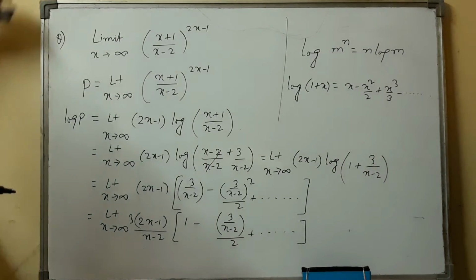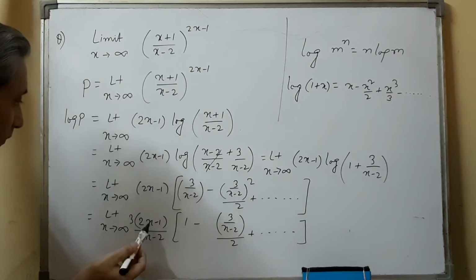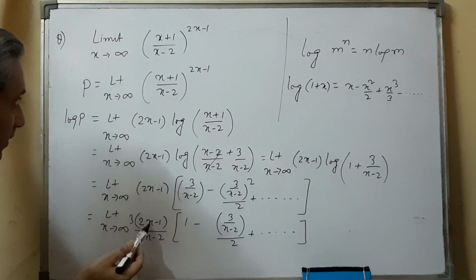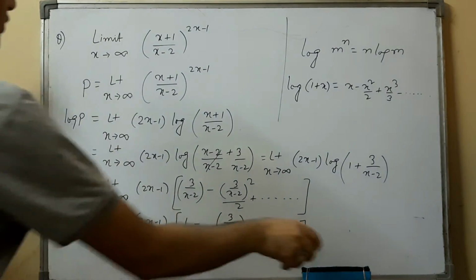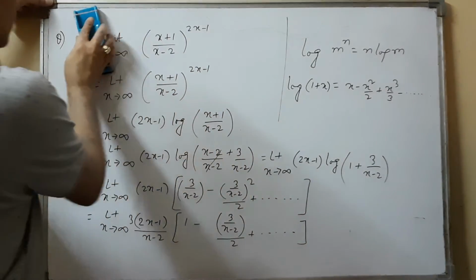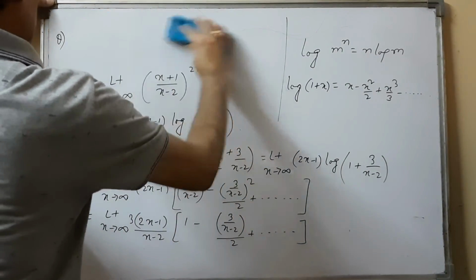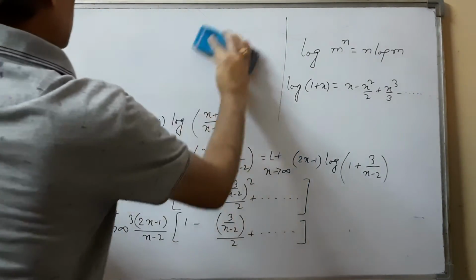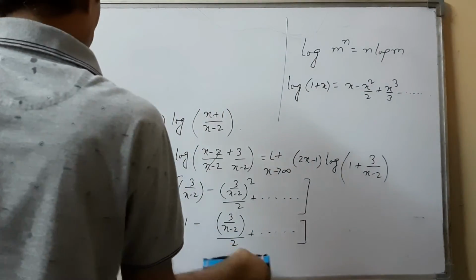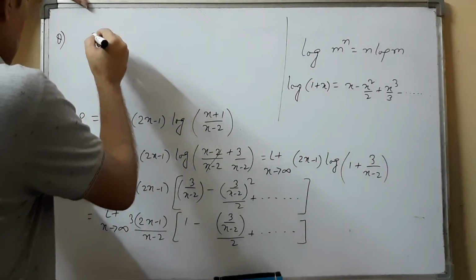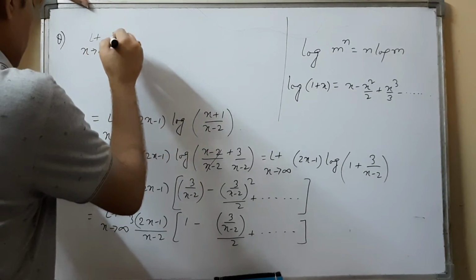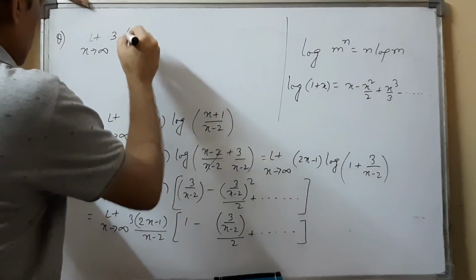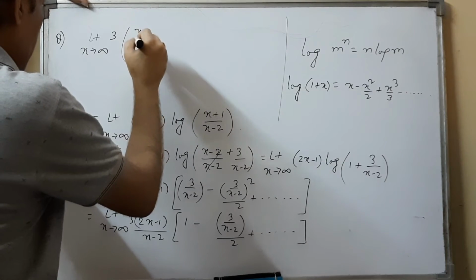in the next step we will divide numerator as well as denominator by x. So limit x approaching to infinity 3, divide numerator and denominator by x.